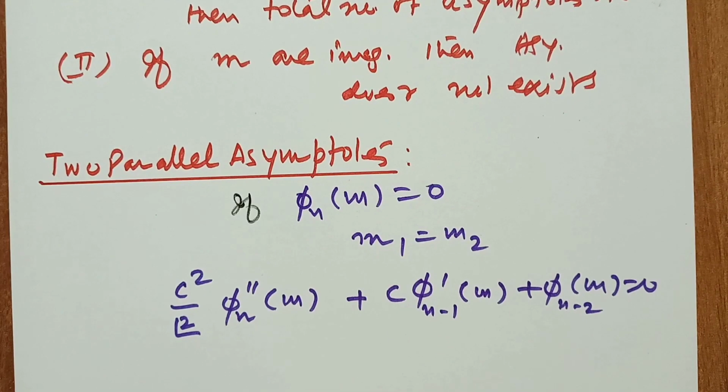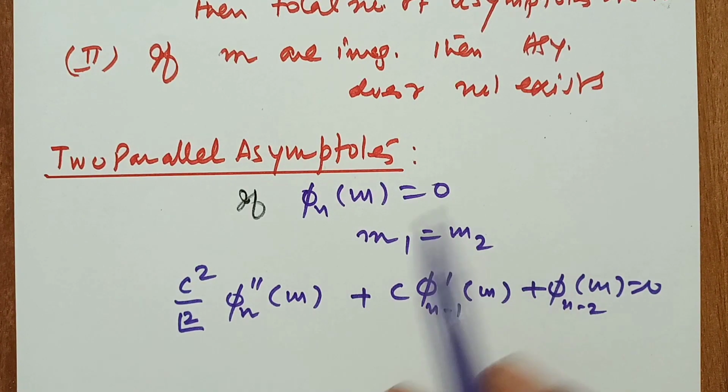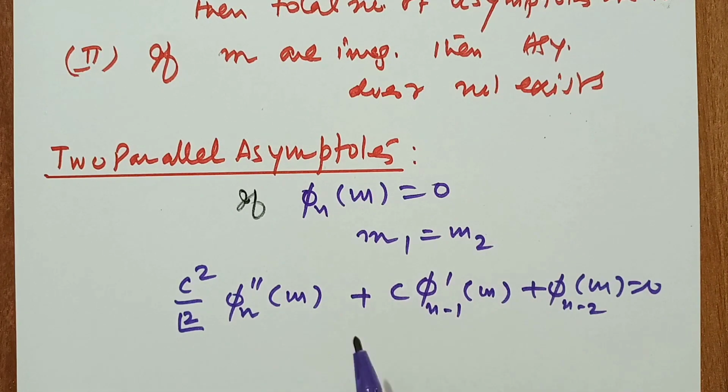Because when two roots are equal, we calculate the value of c in this way.